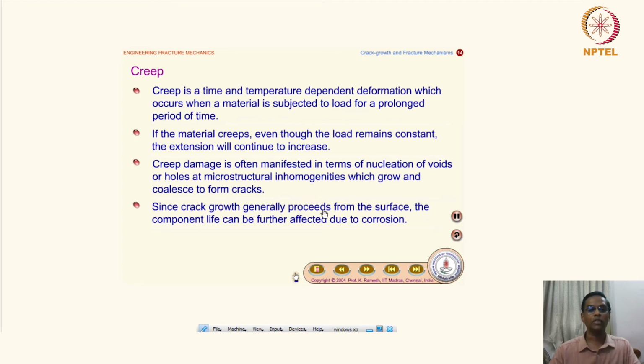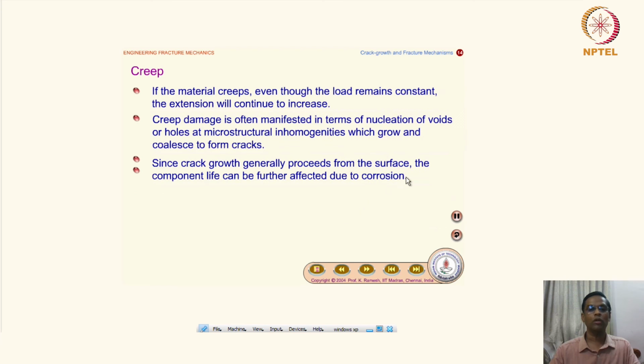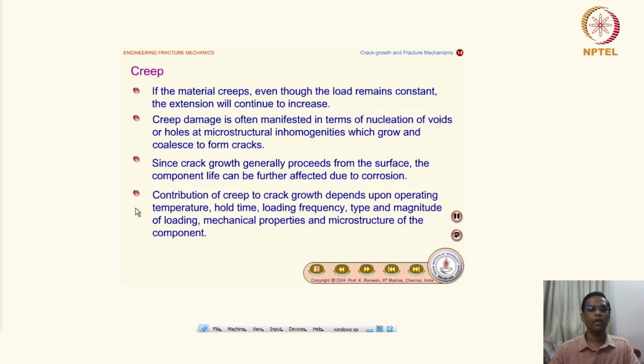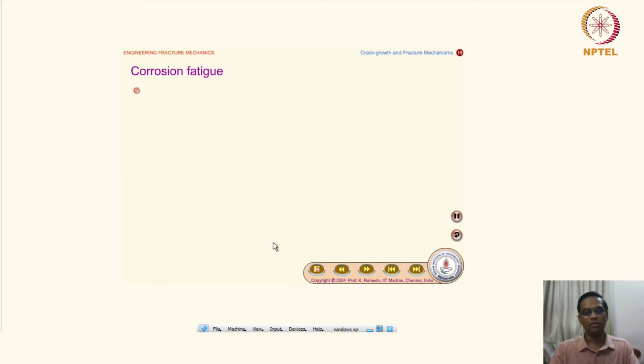Since crack growth generally proceeds from the surface, the component life can be further affected due to corrosion. The contribution of creep to crack growth depends upon operating temperature, hold time, loading frequency, type and magnitude of loading, mechanical properties, microstructure of the component, and so on. So this we already know. Just for completion, it is here.